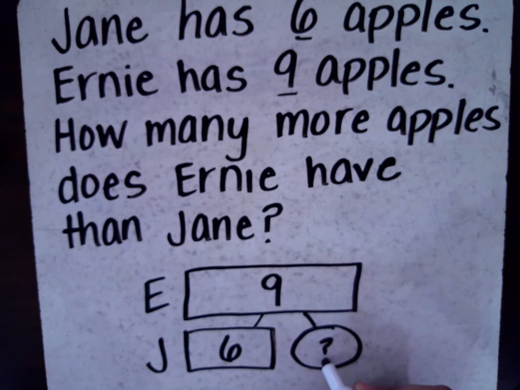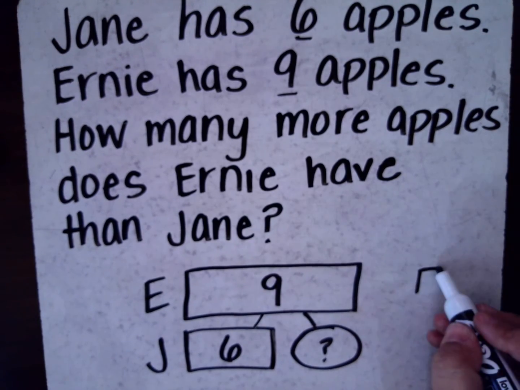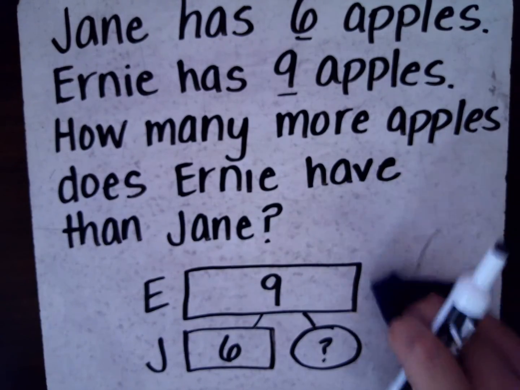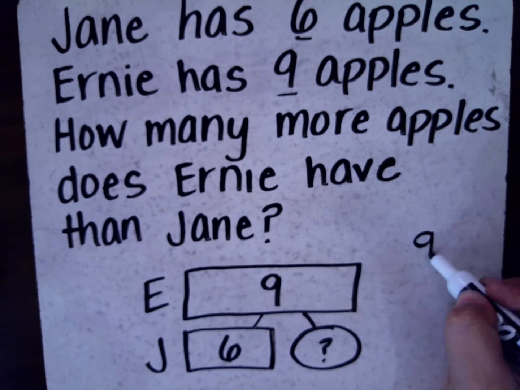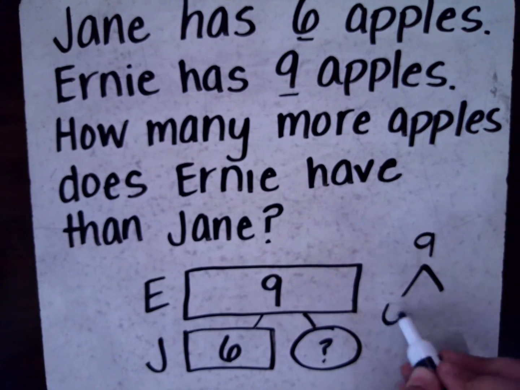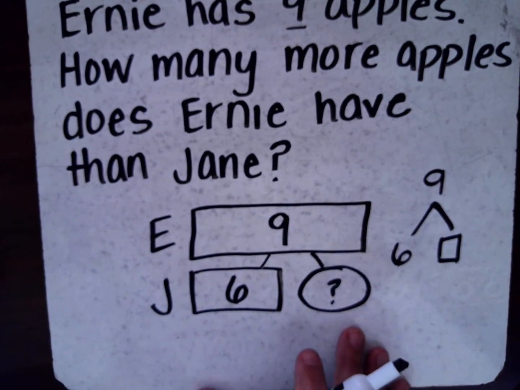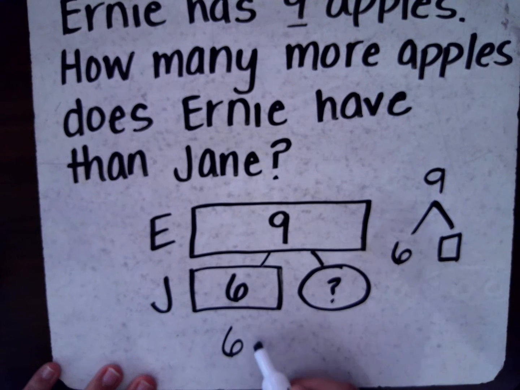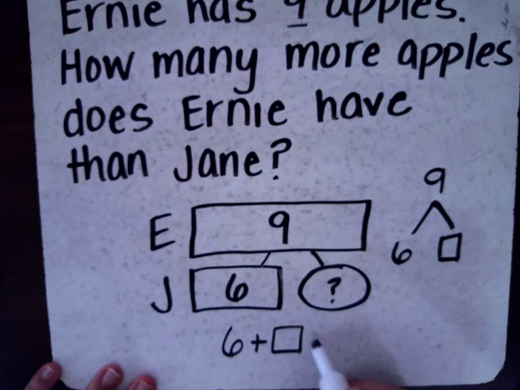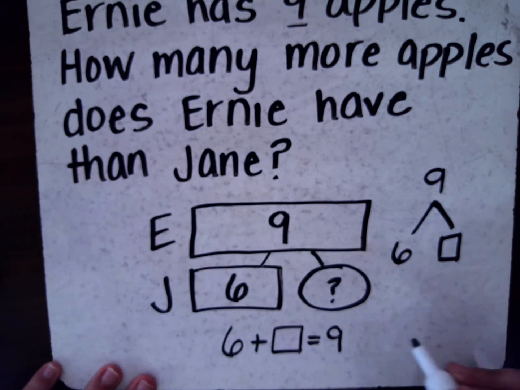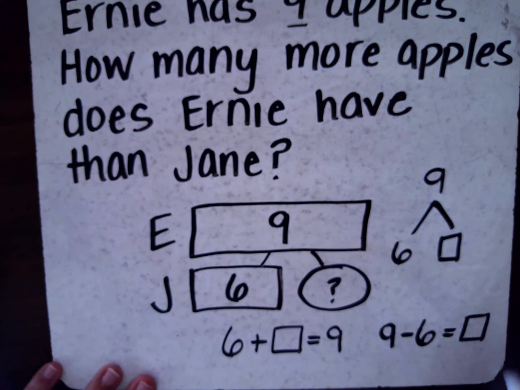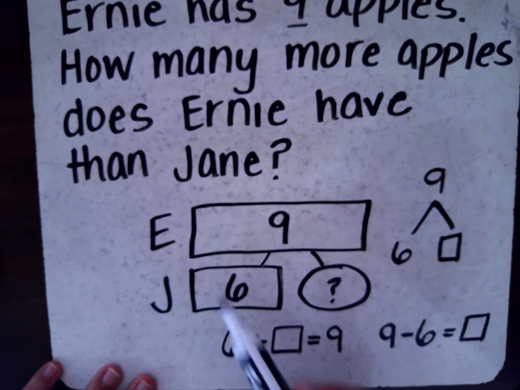And this is where the math mountain comes into play. If I had a math mountain that looked like this, what would I do to solve it? Well, I could either do 6 plus unknown equals 9, or 9 minus 6 equals unknown, and I would solve it. Well, the same thing goes for your comparison bars. This is just like a math mountain.